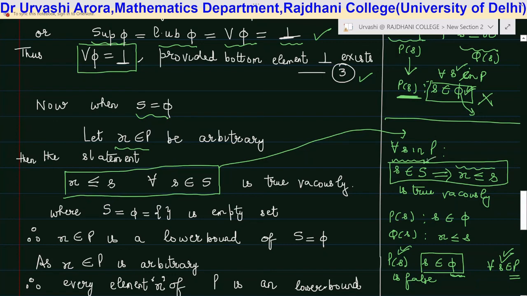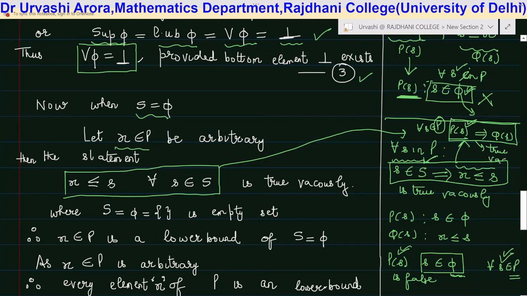Now because P(S) is false, this implication, which is of the form P(S) implies Q(S), has P(S) false for all S belonging to the universal set, the set P. So this whole implication will be true vacuously.